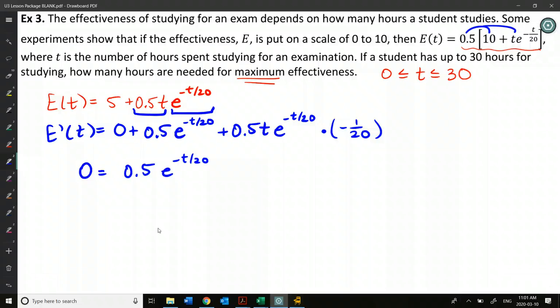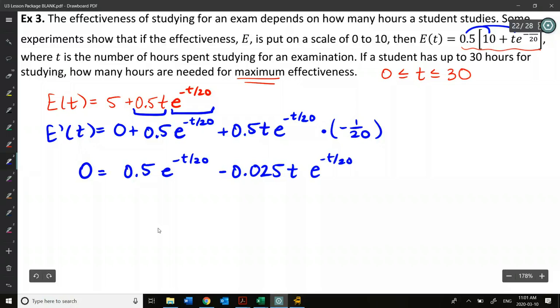When I do 0.5 times negative 1 over 20, I get negative 1 over 40, or if you want, you can write it as 0.025. How come you don't want to factor something out here? I am going to. I'm just simplifying these numbers first.